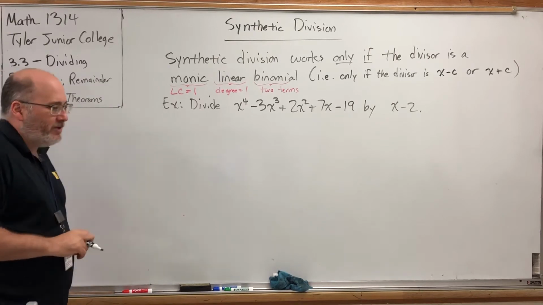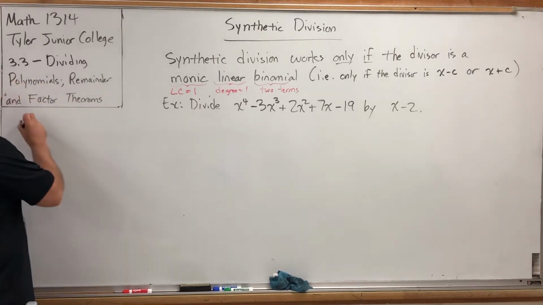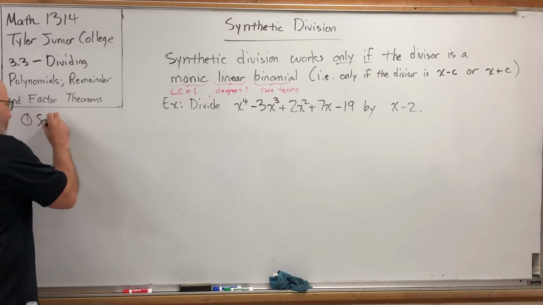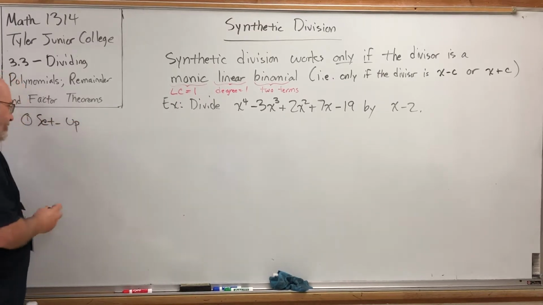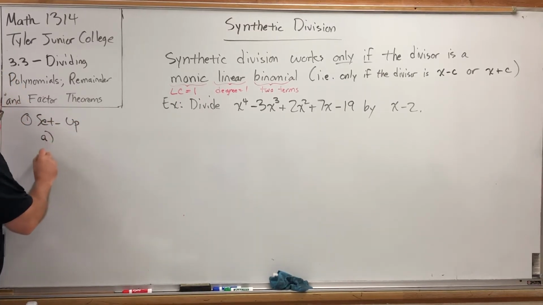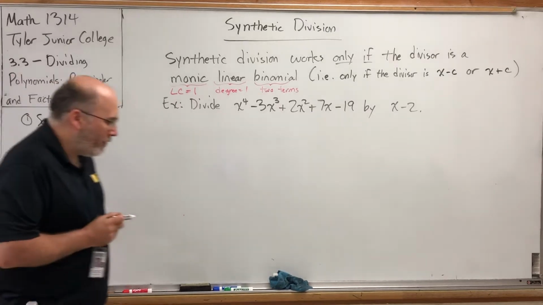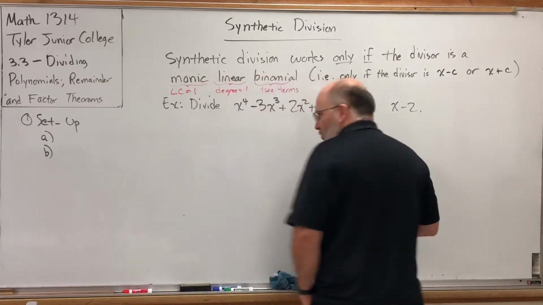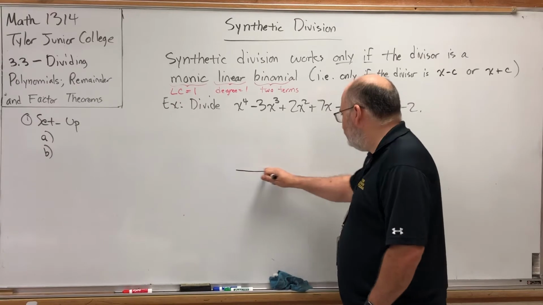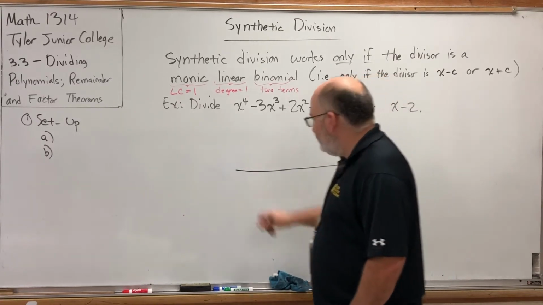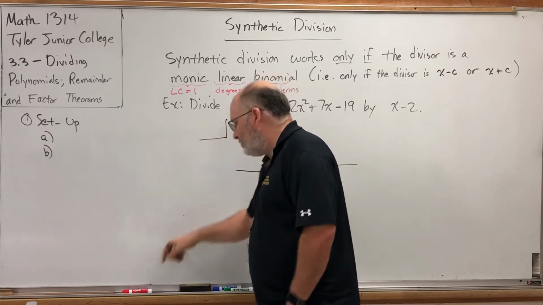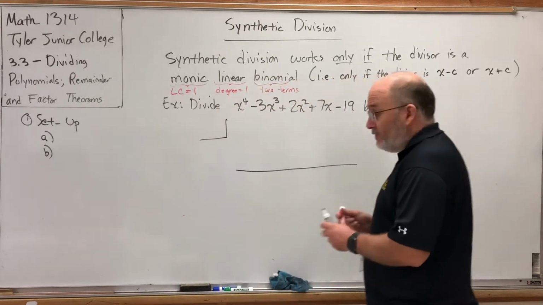Synthetic division has three parts. The first part is the setup. Now the setup has two parts to it, so we'll say A and B. Before I write what they are, let me describe how it's going to look when we set it up. Synthetic division is going to have, when it's all said and done, 3 rows of numbers.